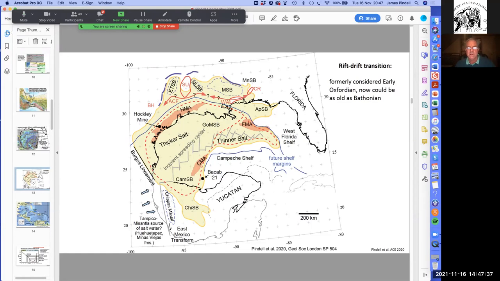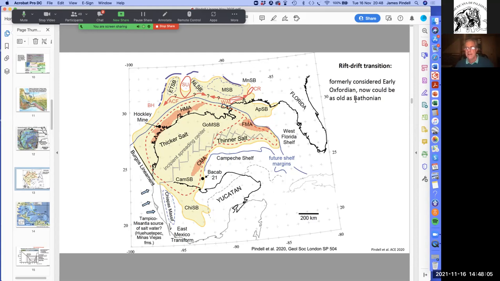And back when the salt was deposited, the Gulf of Mexico had a big salt basin across it, and it was all in one piece, one big salt deposit. And then when seafloor spreading started, the two salt deposits got separated by the formation of the oceanic crust, and the Chiapas and the Campeche salt migrated down to here, where it is today.